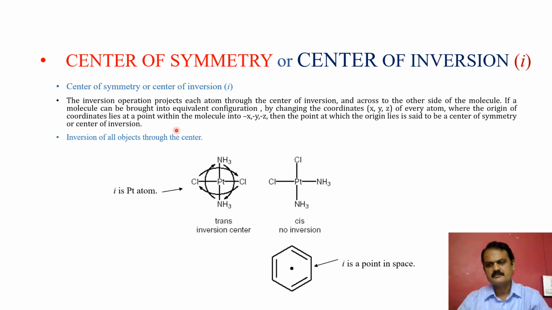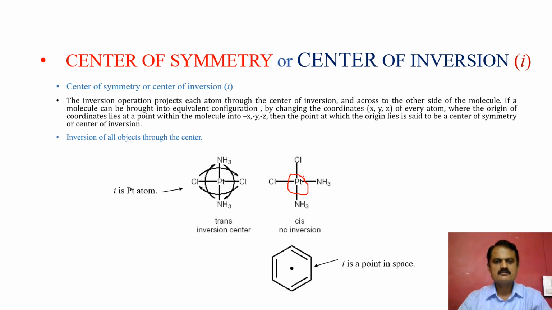This is the definition. To determine the center of inversion, consider any imaginary point at the center of the molecule. Consider this is the center of the molecule, that is the Pt, and draw an imaginary line in the opposite direction from the imaginary point.